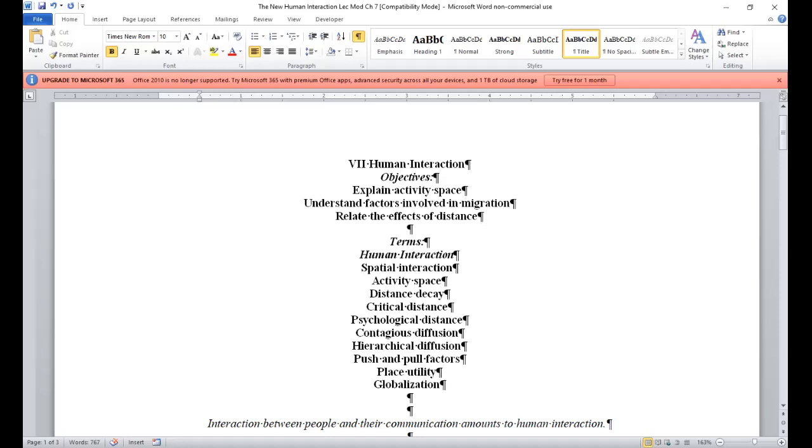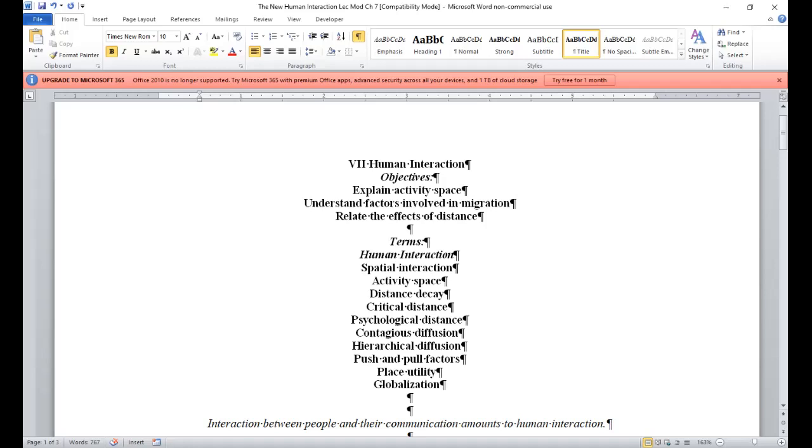Contagious diffusion: all these ideas start someplace and they spread out. Hierarchical diffusion is where those ideas, as they spread and get bigger, get interjected with organizational structures. Push and pull factors, we're talking about migration here.